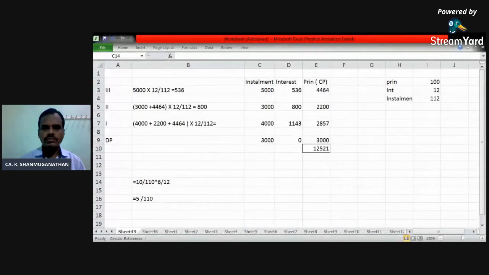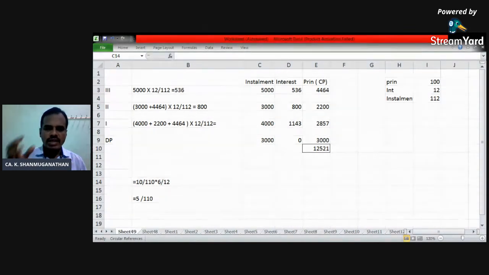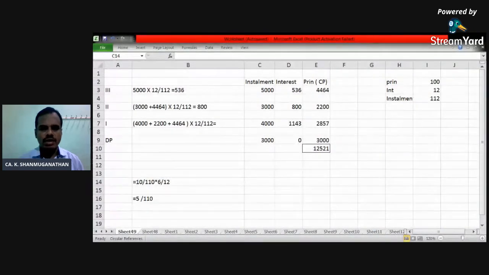You will prepare a trading account, and in that trading account, when we finish all other things, what emerges as a balancing figure is the closing stock. This system is called a memorandum trading account.